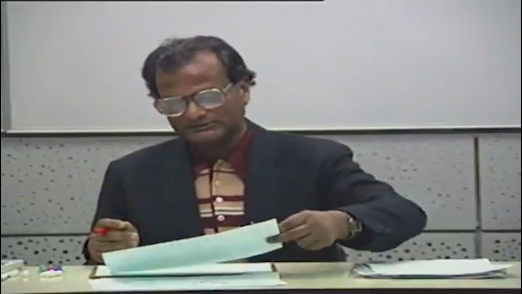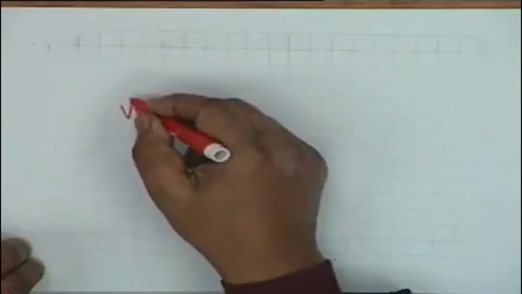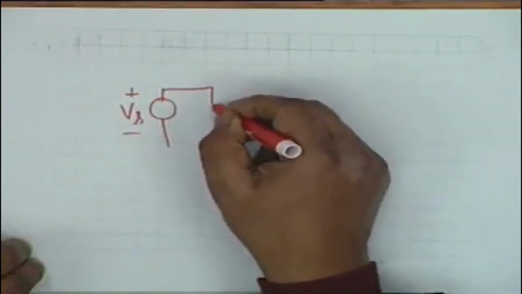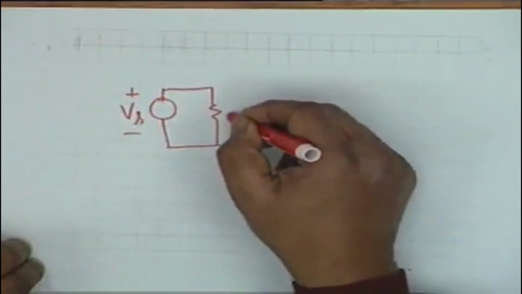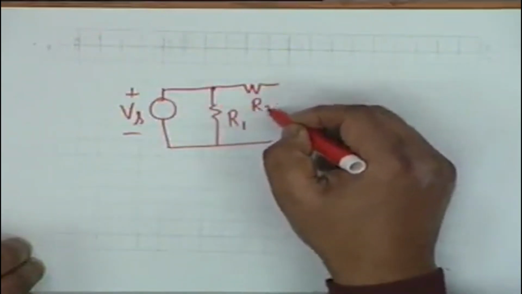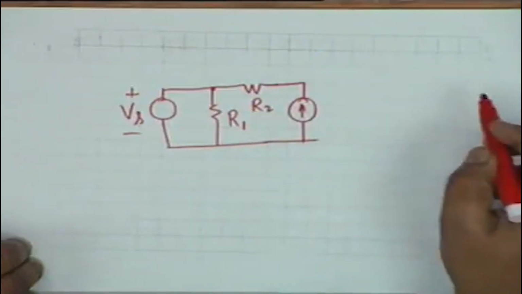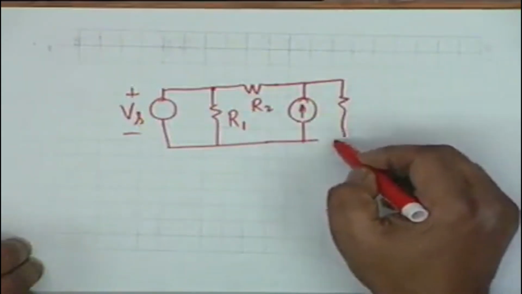For example, if I have, let's say, a voltage source Vs in parallel with a resistance, let's say R1, then we have another resistance R2, then I have, let's say, a current source, another resistance.